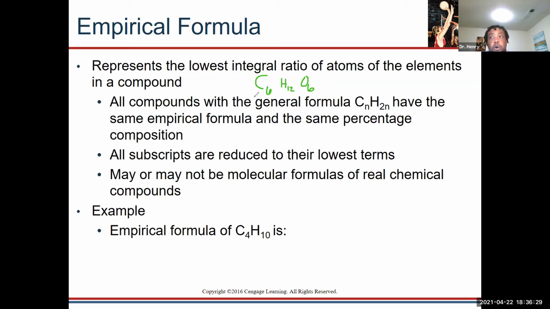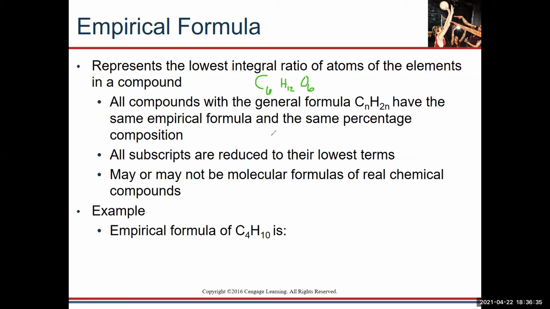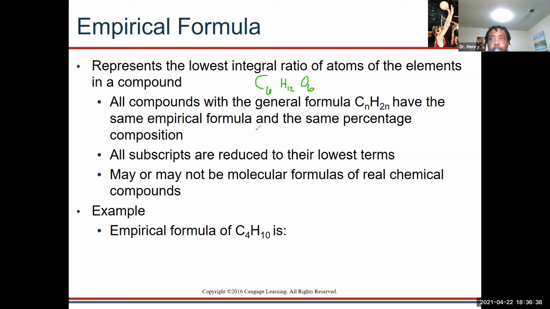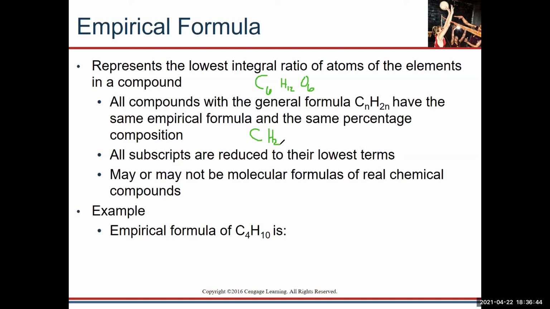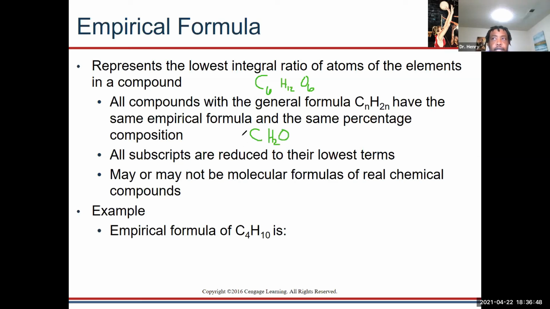So what could we divide all of these by? 6. Okay, so if we divide everything by 6, we get C, H2, and O. So this would be the empirical formula. Does that make sense?